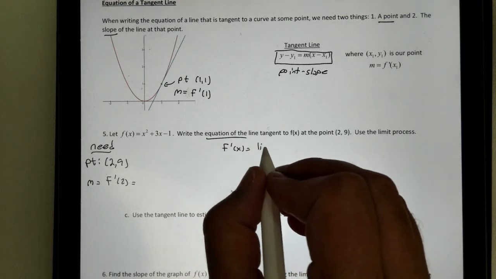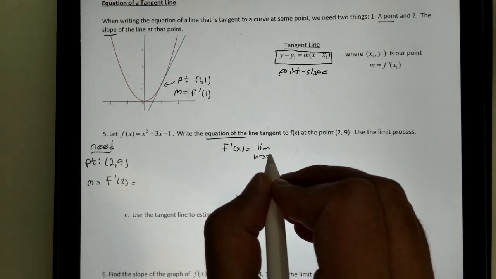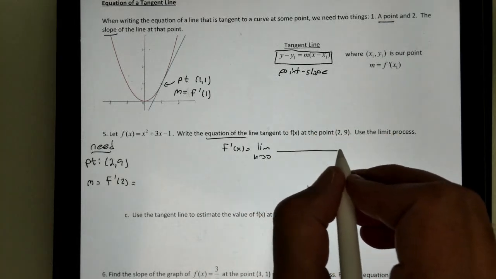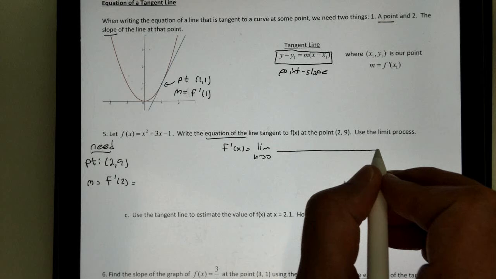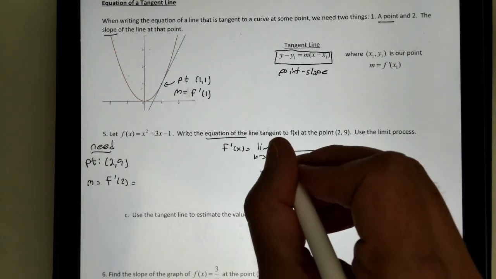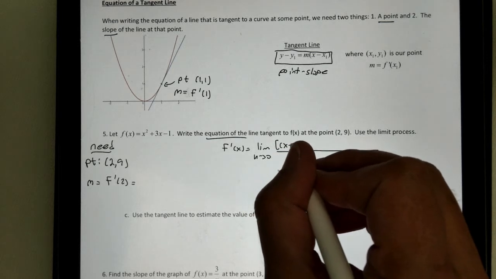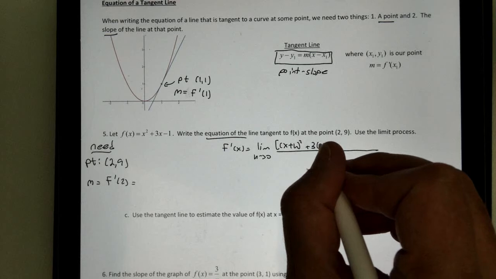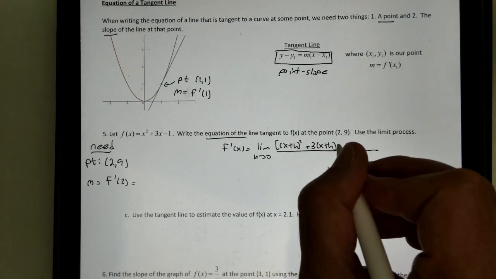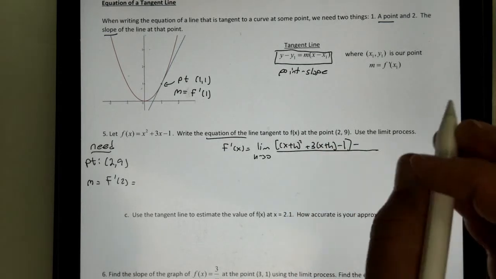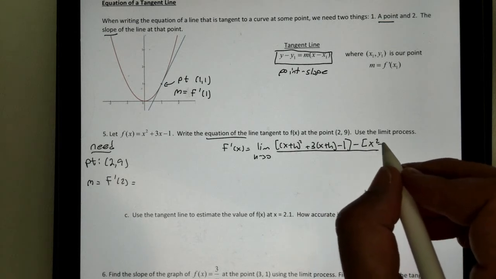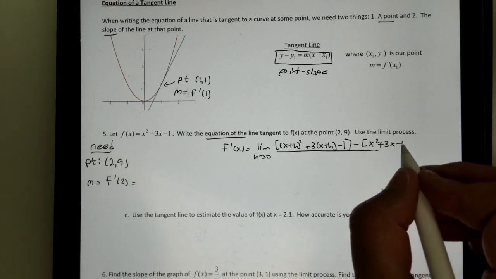The limit as h goes to 0. And if we were to plug this in, using a rule from earlier, every h. This one's kind of nasty. (x plus h) squared plus 3 times (x plus h) minus 1, minus, remember the original function, x squared plus 3x minus 1.